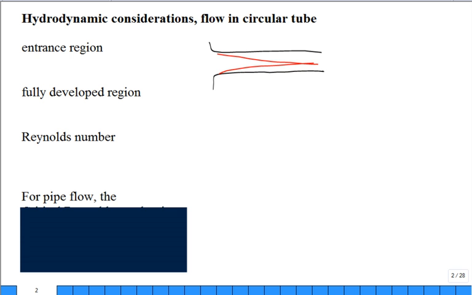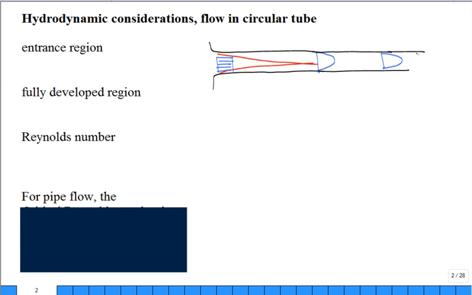So the fluid flow, if you looked at a profile here, it would be a pretty flat velocity profile. And then down here, the velocity profile, if it's laminar flow, would look very quadratic. If it's turbulent flow, it'd have a little different shape to it. And so once the velocity profile is fully developed, does the velocity profile change as it goes down the tube?